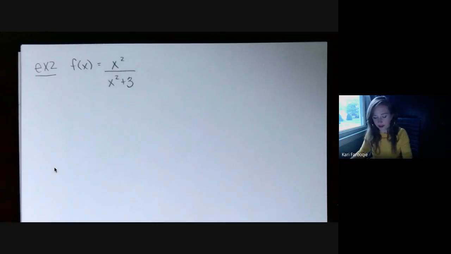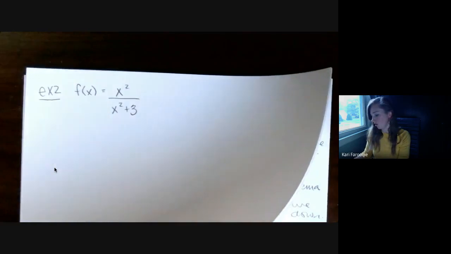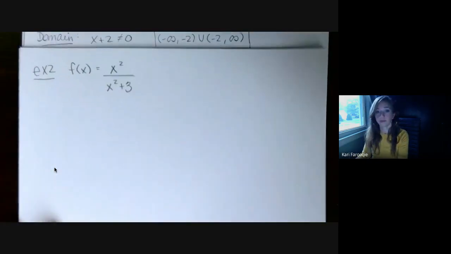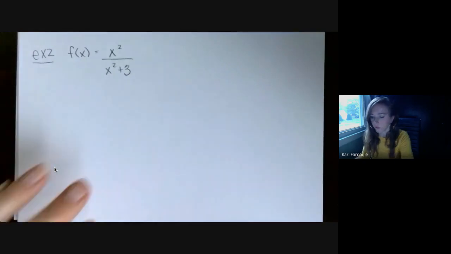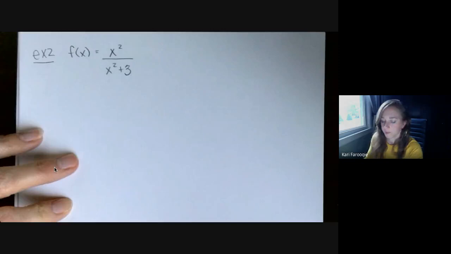So let's start with the first thing on our list, which was finding the domain of the function. I'm going to pull my list back out here so I don't forget the order in which I was going to do all of these things. Okay, so find the domain and any intercepts.